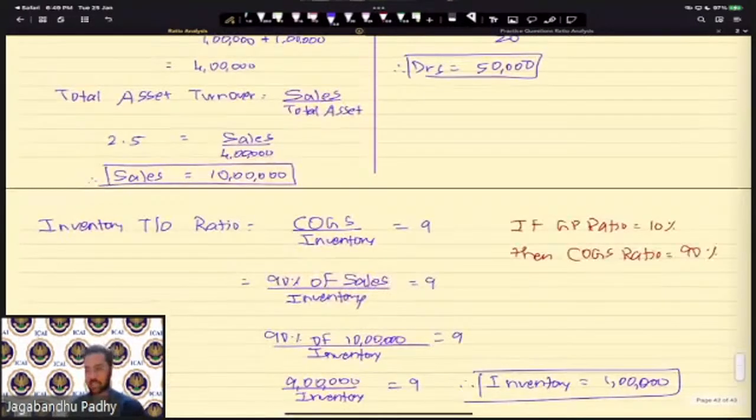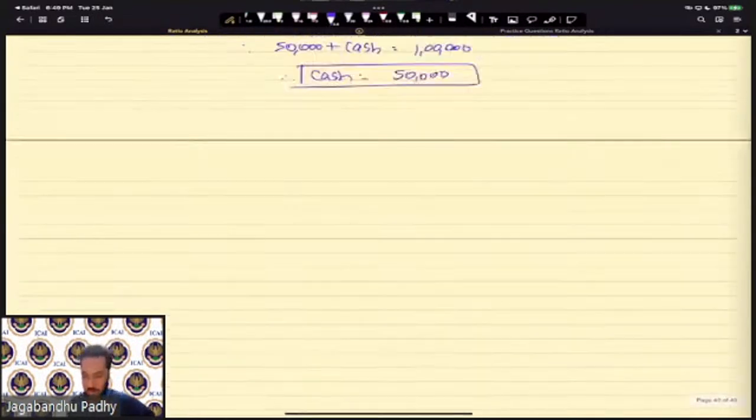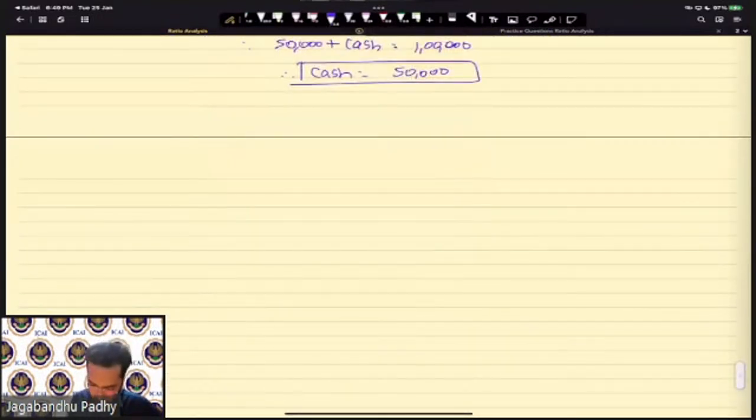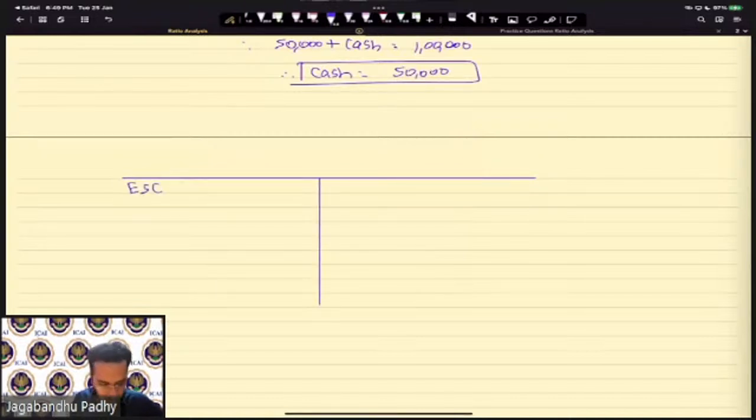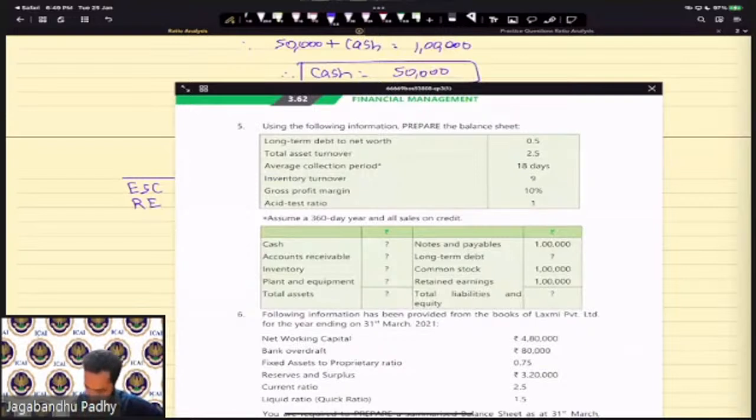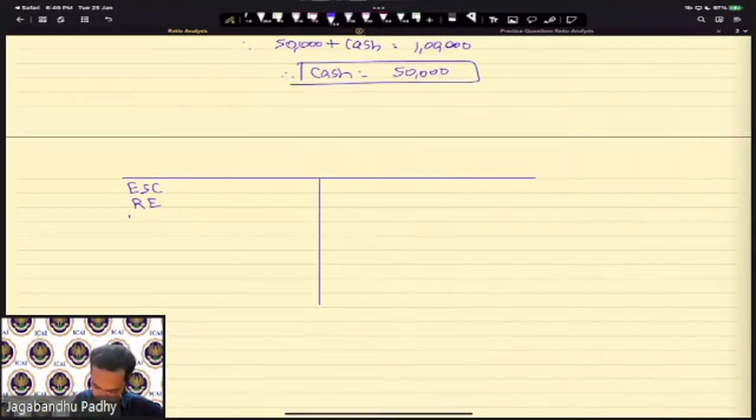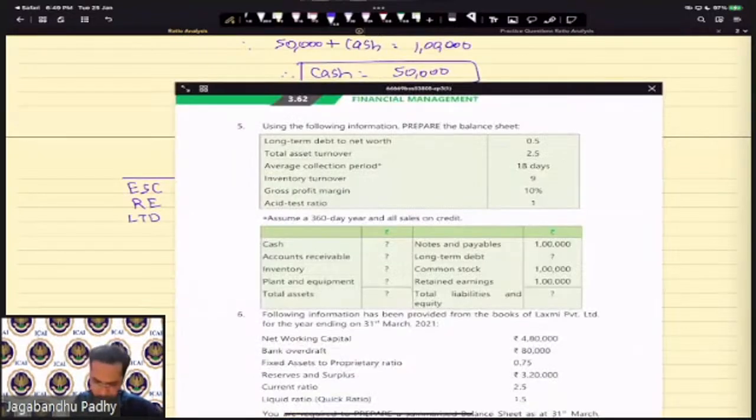Now, it's time for us to prepare the balance sheet, the final balance sheet. Let's prepare it, guys. Equity share capital, retained earnings, long-term debt. I'm just writing a shortcut. Don't do the same in the exam. You need to write the full form.